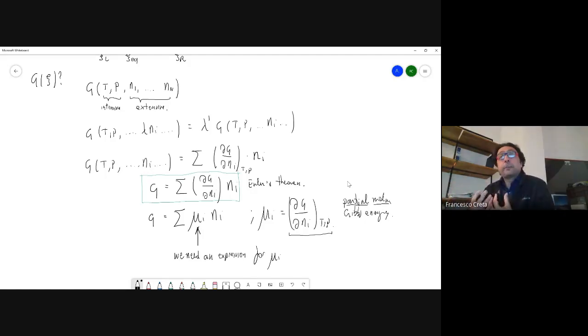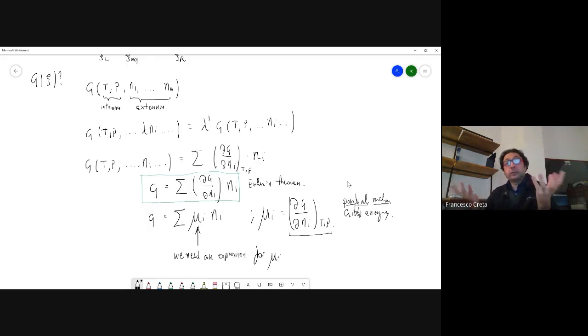They're homogeneously mixed. And we really need a way to understand how the Gibbs energy, and in fact all other extensive quantities, will change when you add a single mole of one of the many species that compose a system.